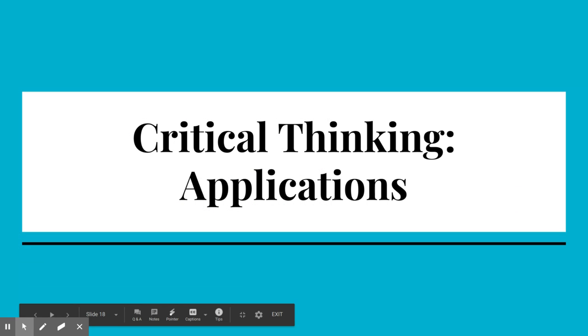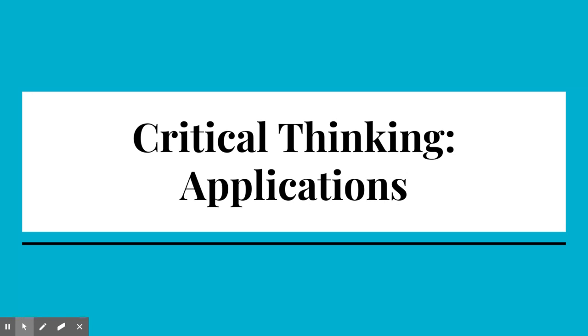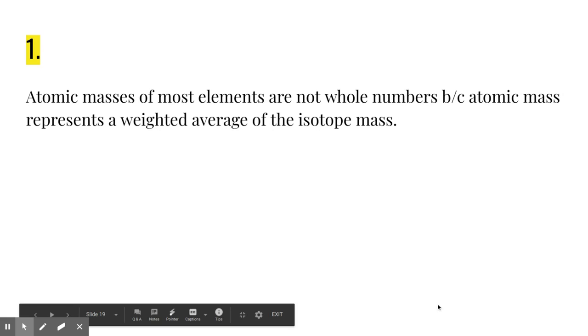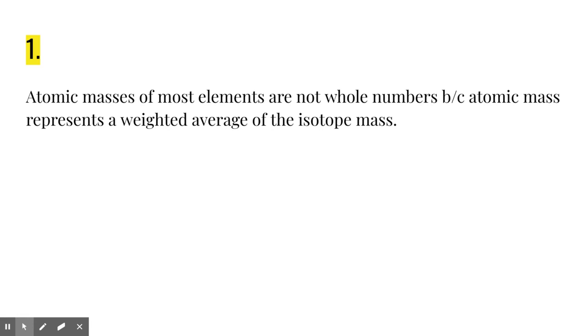So let's look at critical thinking application, where we're going to apply this knowledge with what we have been learning in class. So our first question is, why are the atomic masses for most elements not whole numbers? Well, looking back at your mathematical calculations, hopefully you've realized that it's a weighted average that we're working with.